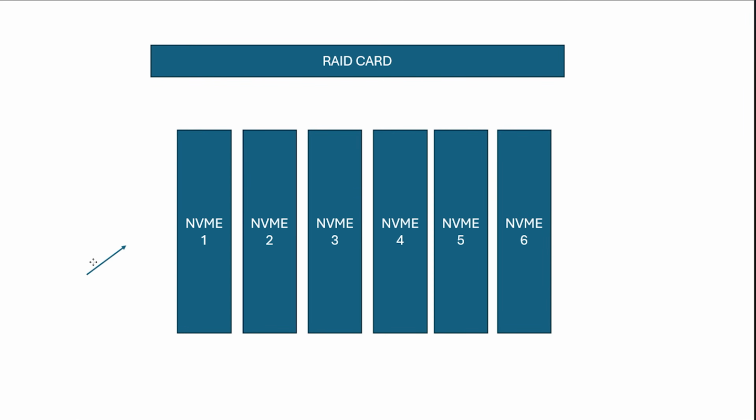So if we have 6 drives and each drive is 4 terabytes, by having 6 of them, we'd have 24 total terabytes. At the same time, if each one of these NVMe drives is about 4,000 megabit per second, with 6 of these, we can get 24,000 megabit a second. So we can get a lot of performance out of this.